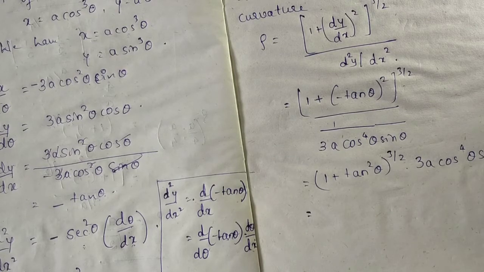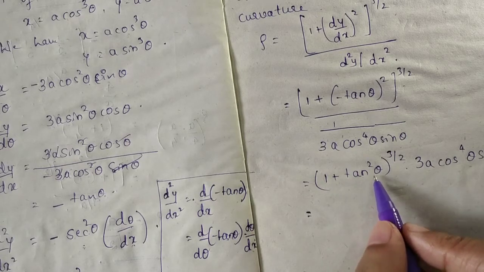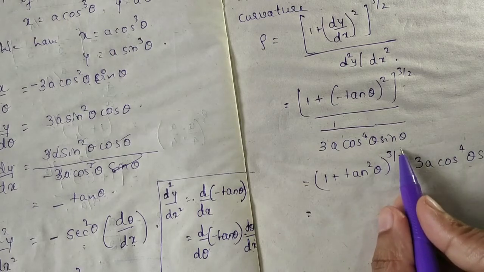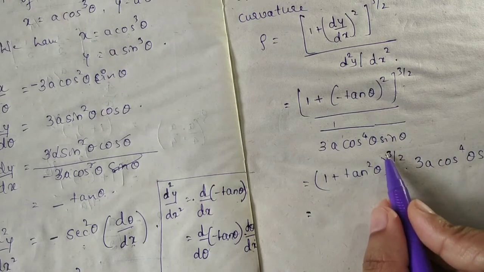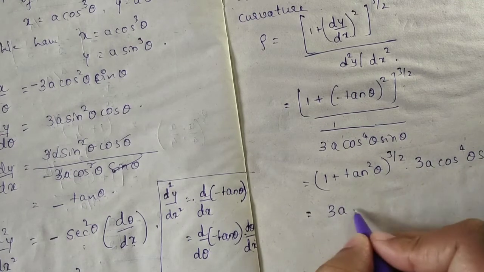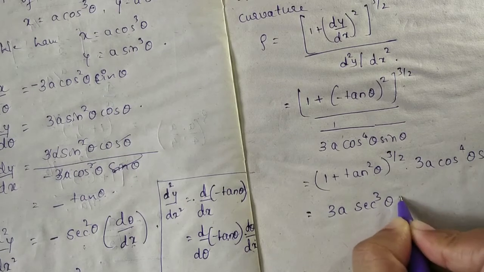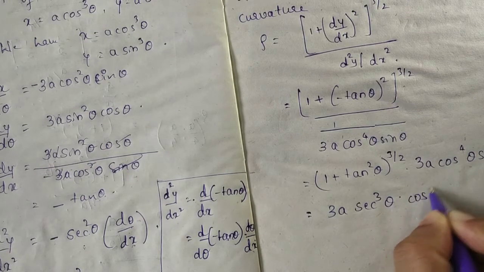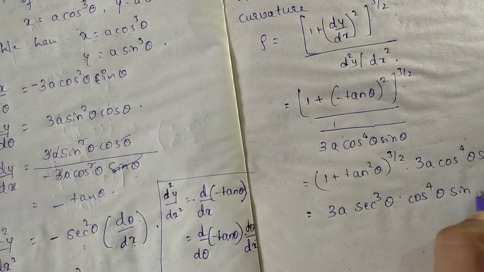Now, 1 plus tan square theta is secant square. Secant square raised to 3 by 2 is secant cube. So, 3a secant cube theta into cos raised to 4 theta sin theta.